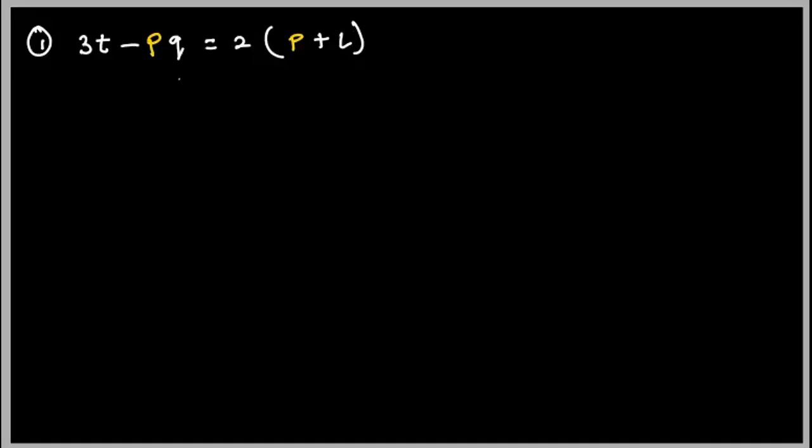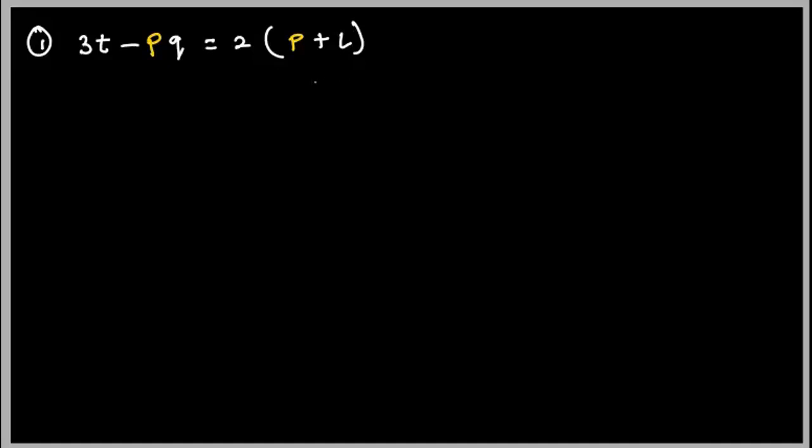So we want to make P the subject. As you can see, this P on the left hand side is showing itself, and as well the P on the right hand side. But the P on the right hand side is in brackets, so we need to find that P also. I must open the bracket to bring out the P. Whenever a term you are looking for is in a bracket, always expand the bracket.